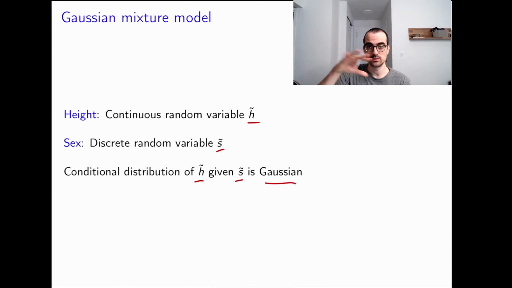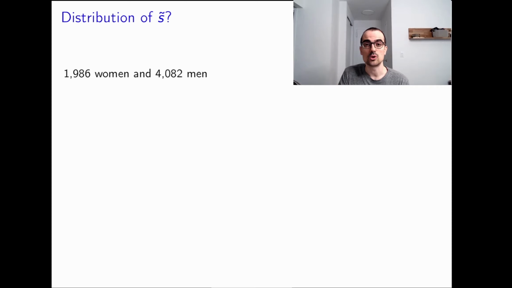In order to model all of this, we're going to need the distribution of S. But S is just a discrete random variable that can be male or female. So how are we going to compute this distribution? Okay, take a moment to think about it. Well, what are we going to do?